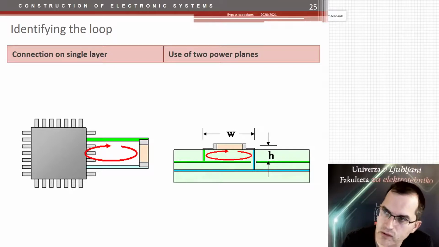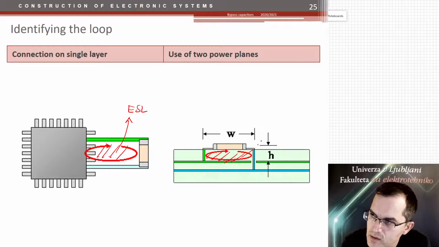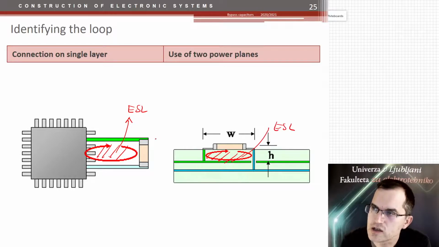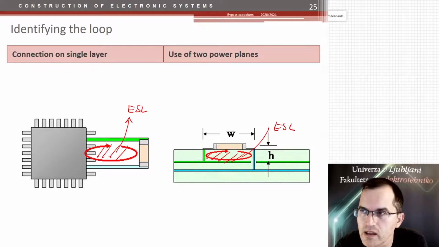So the equivalent series inductance is more or less dependent on the loop size. So how you place it, how close you place it, and how you connect it would define the equivalent series inductance of capacitors.